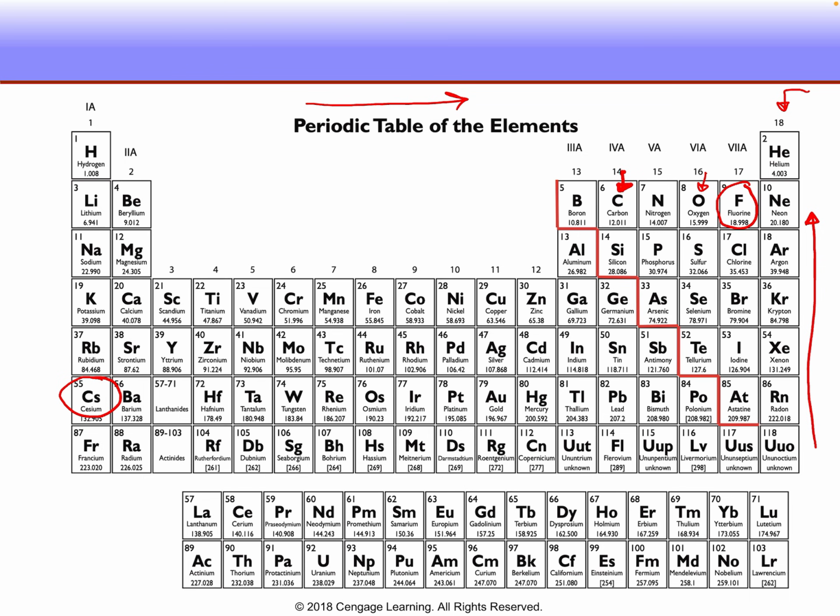And so if you have a bond between carbon and oxygen, oxygen's ability to attract electrons will pull the density away from carbon, giving it a partial negative charge. And when carbon loses some of its electrons in the sharing, or some of the electron density, not a full electron, it will assume a partially positive charge.